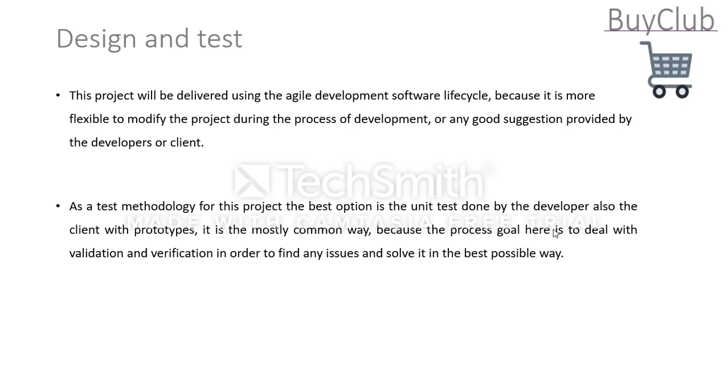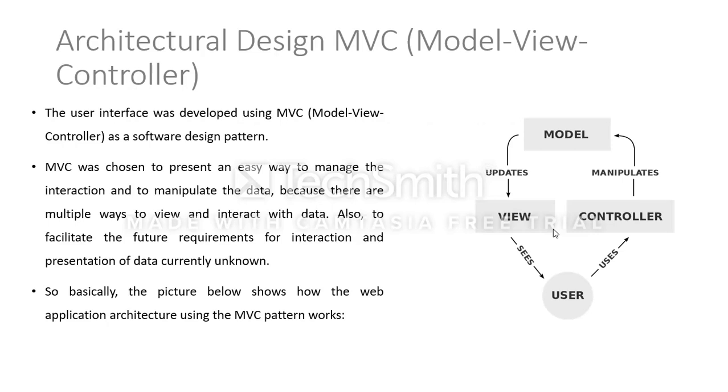Design and tests. The design chosen was the agile development software life cycle because it's more flexible, as lots of features were identified just during the process of development. The test chosen was the unit test, and the architecture design chosen was MVC.